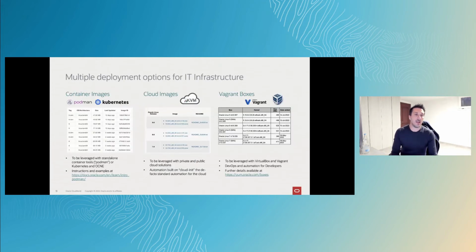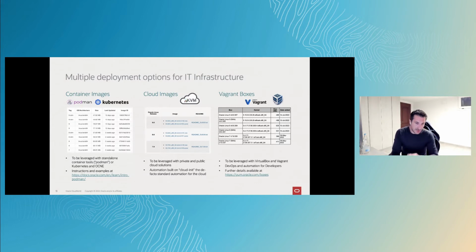Now, I briefly introduced the solution that allows you to automate whatever you want on an IT infrastructure. I'm now going to move over the multiple deployment options that we have for IT infrastructure while looking at Oracle Linux, right? So today we have three main different image types for Oracle Linux. We have container images.